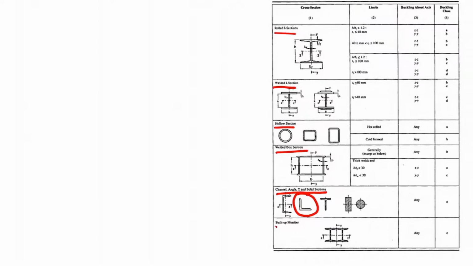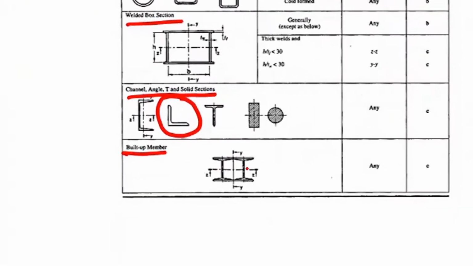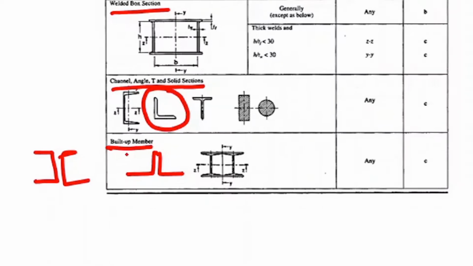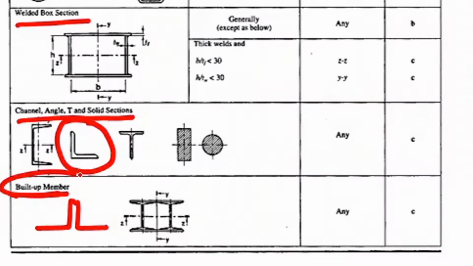For built up members, they have given two I sections combined together to act as a single column. But in our case, it is not about I. We have two angles connected back to back, which is also a built up section because we have built two sections together. Even if you build two channels together to act as a single member, this is also a built up section. So our concern is the built up section.